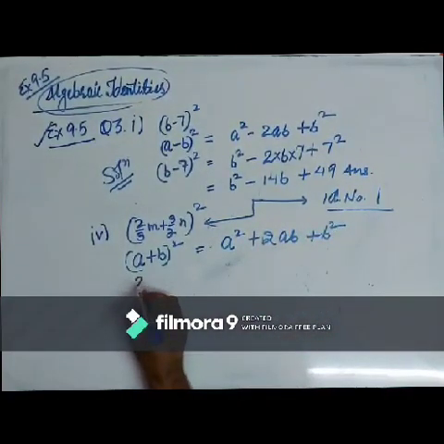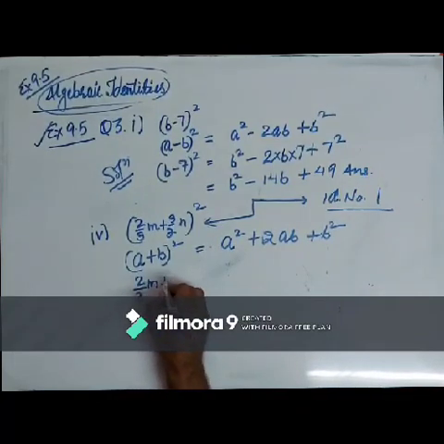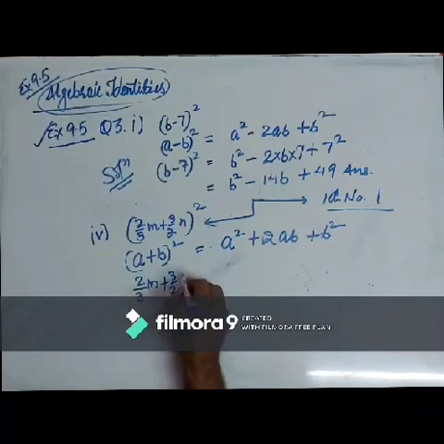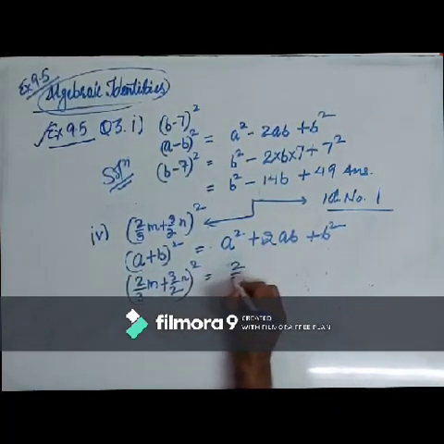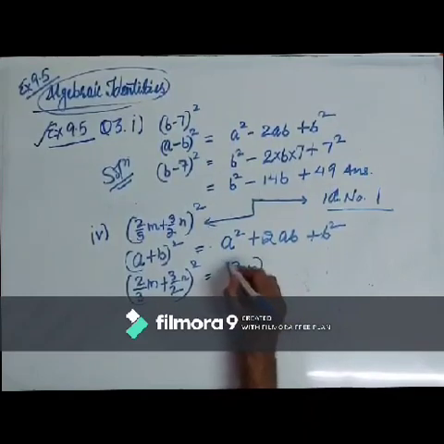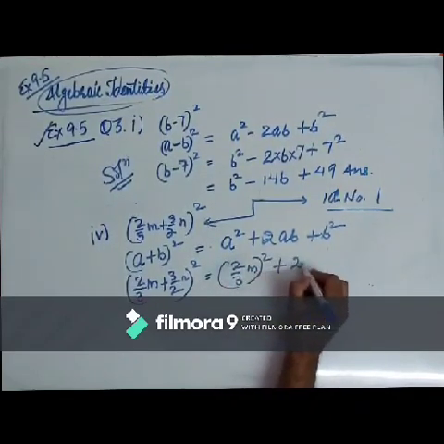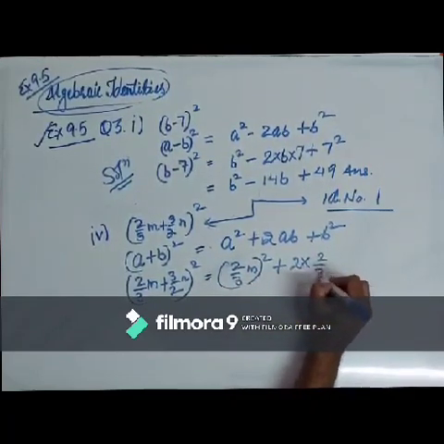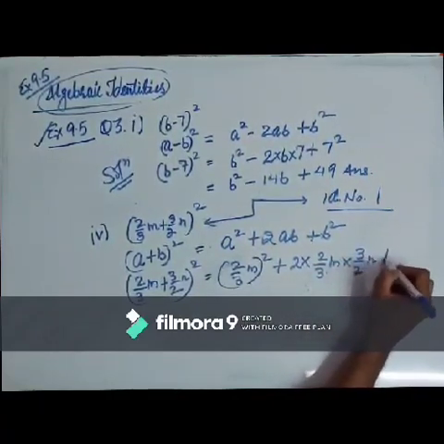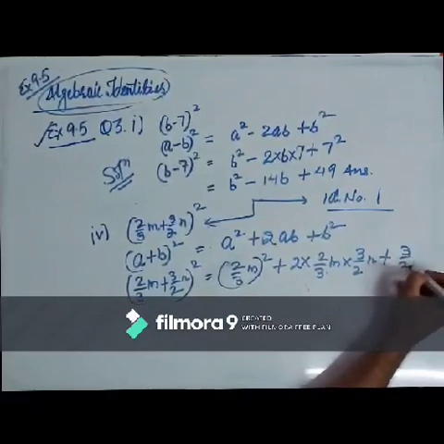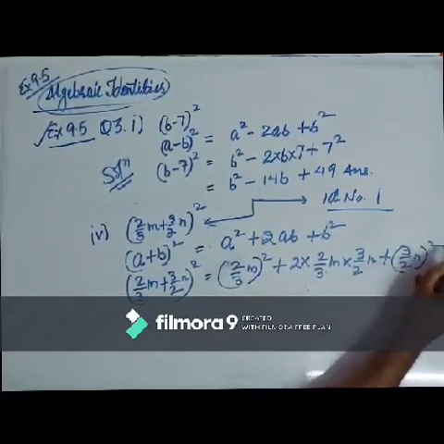So copying this question below the identity, 2 by 3 m plus 3 by 2 n whole square, you will be getting 2 by 3 m whole square plus 2 multiplied by 2 by 3 m multiplied by 3 by 2 n plus 3 by 2 n whole square.